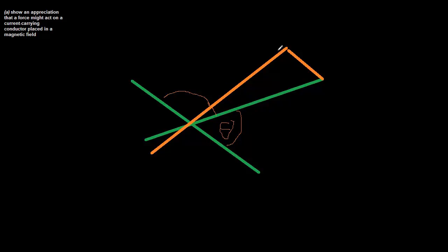And basically, the value of this component is whatever the magnetic field is times sine theta. So hopefully that explains why the formula is how it is. Anyway, that's really not all that important.